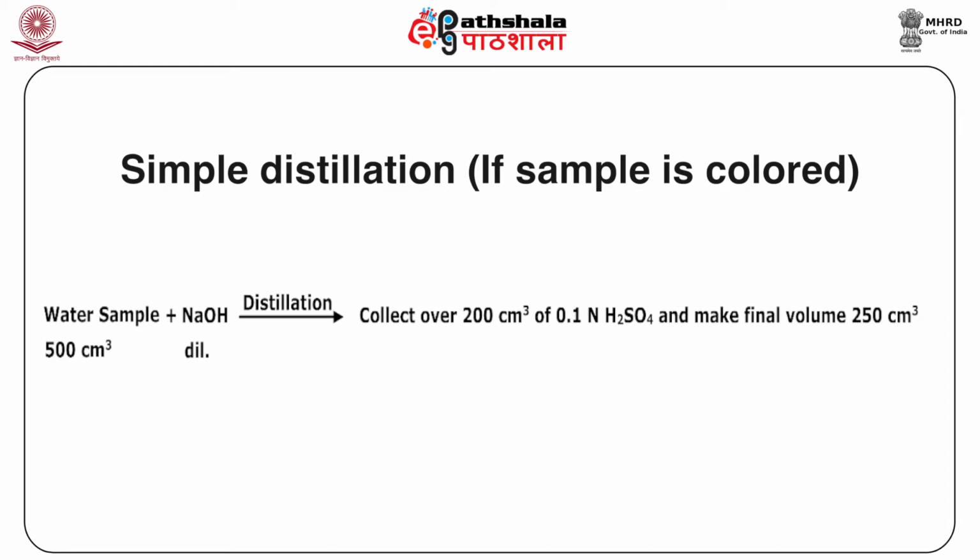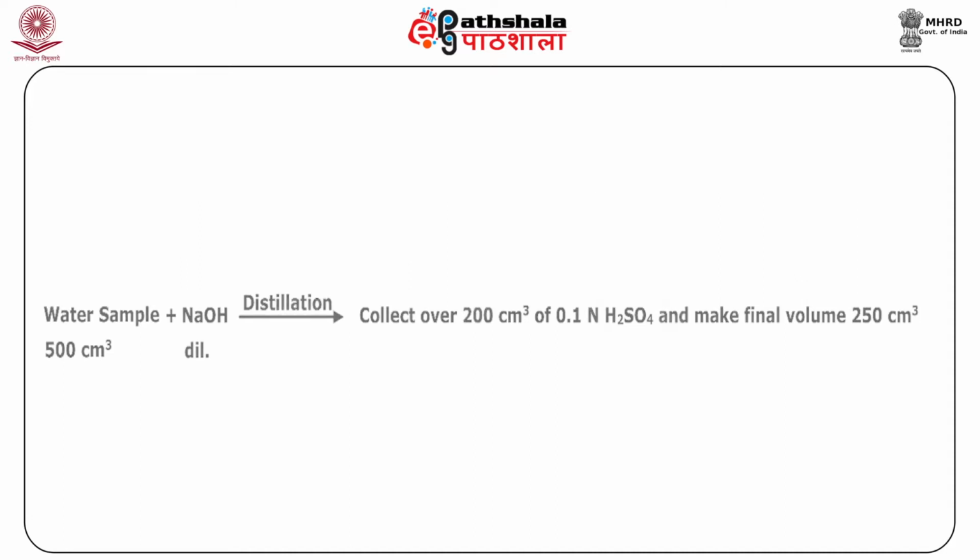Here you can see in this equation that the water sample, around 500 cm³, is treated with dilute NaOH and then subjected to distillation, and this is collected over 200 cm³ of 0.1 normal sulfuric acid and then finally made into a final volume of 250 cm³ or 250 ml.